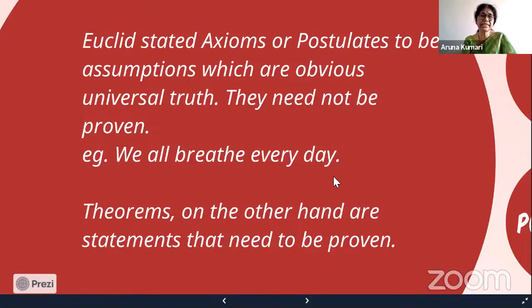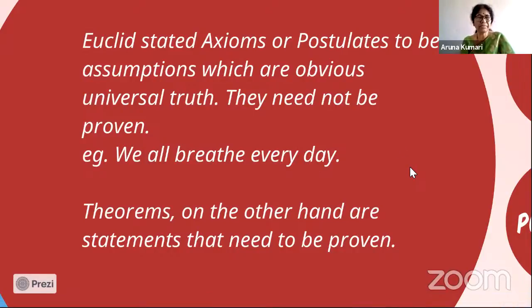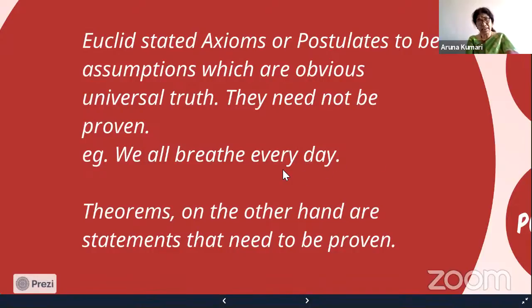That means this is just an example, and it has no need to be proven. Everybody will assume, understand it. There is no need to say. This is called an axiom.